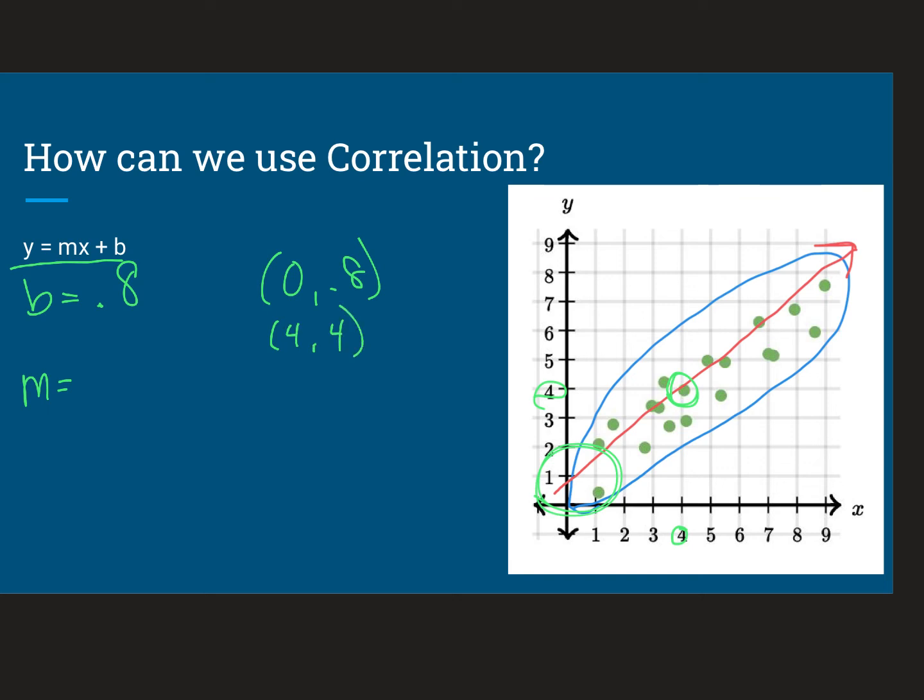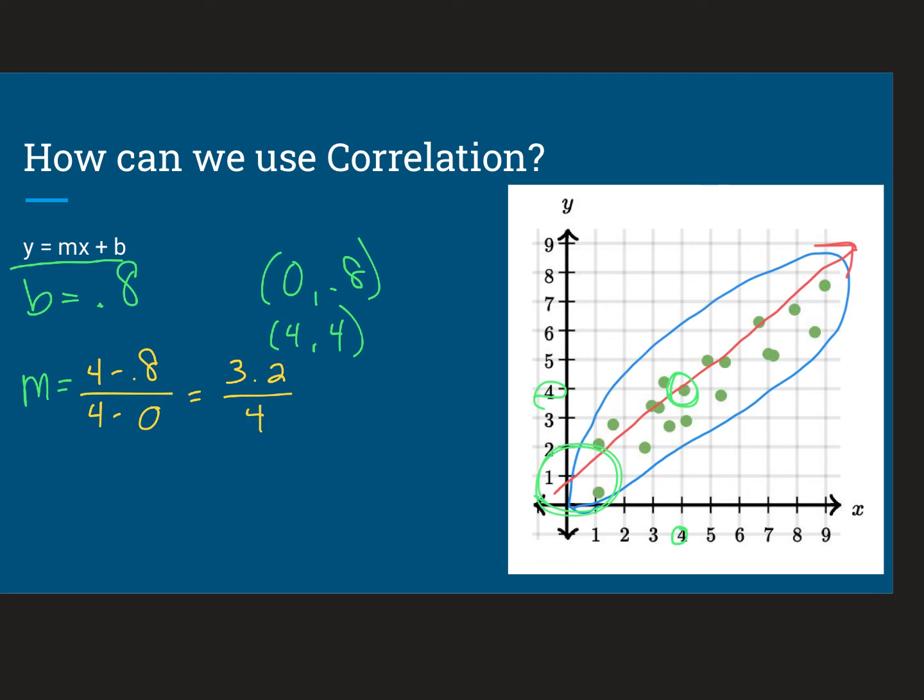Now I'm going to use that, just like I've used it before, to find my slope. So I have change in y, so 4 minus 0.8 over change in x, which is 4 minus 0. So 4 minus 0.8 gives me 3.2. And 4 minus 0 gives me 4.